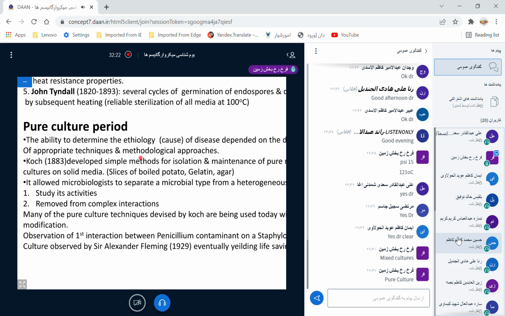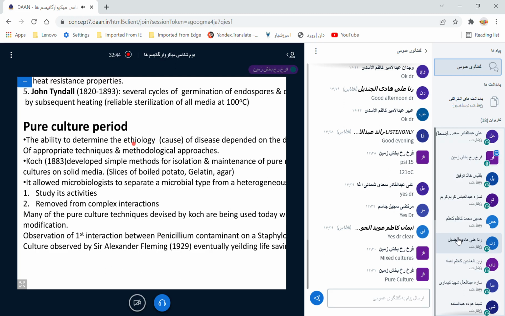So it is done by pure culture. By pure culture in medical microbiology, you can understand the etiology, the cause of the disease.